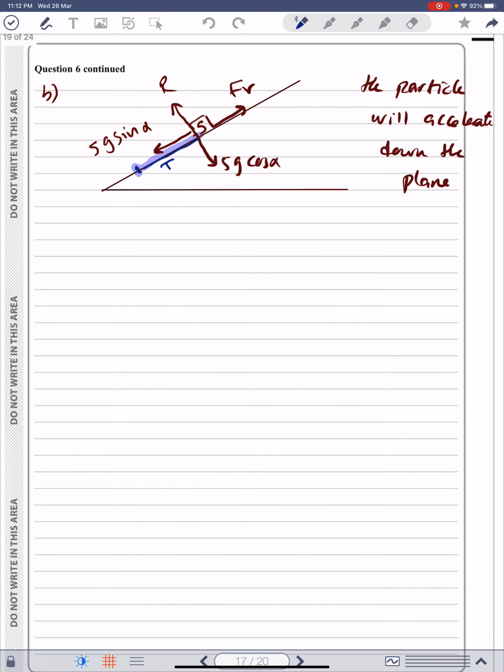First, of course, we write the new equations of motion. Parallel to the plane, 5g, the main force, sine alpha minus friction is equal to 5a. Now the particle is accelerating, dear students, so a needs to be found. Perpendicular to the plane, R equals 5g cosine alpha.